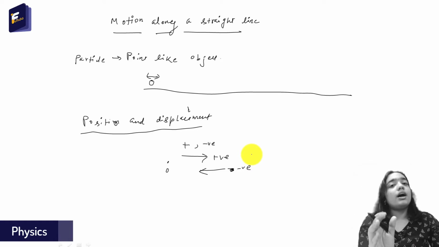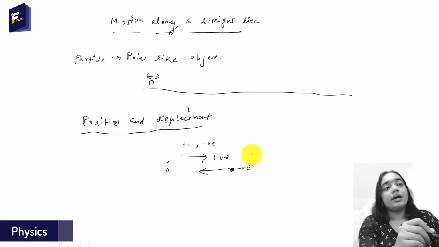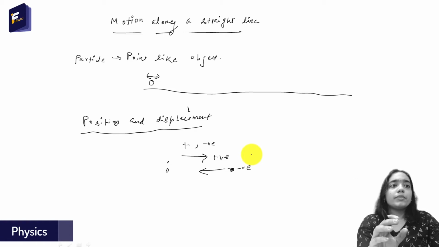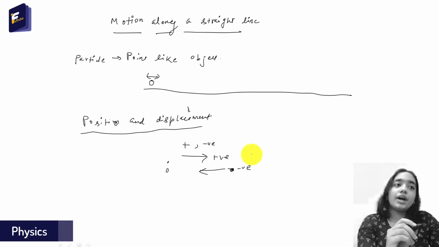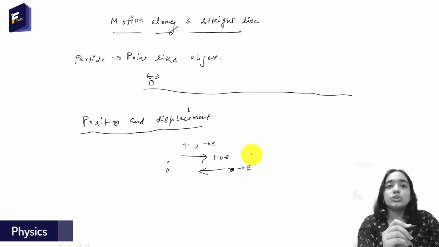But it is not a hard and fast rule. You can also assume the right side to be negative and the left side to be positive. Negative and positive are just values to show in which direction a particle is moving, because in physics, direction is very important. To give the information about in which direction it moves is very important. So we define two directions, the positive direction and the negative direction, and it is our choice.